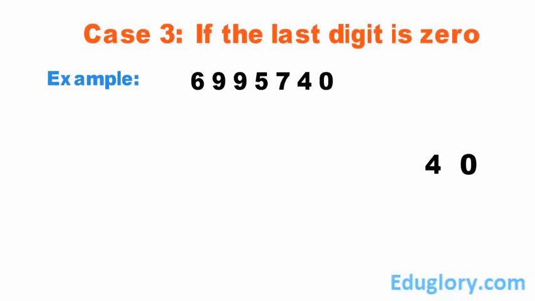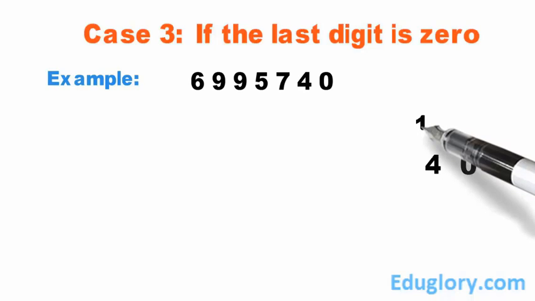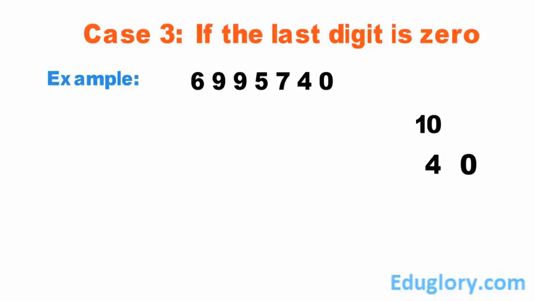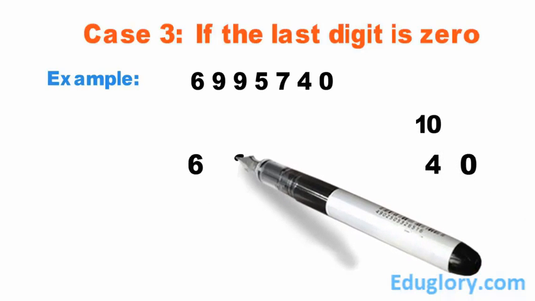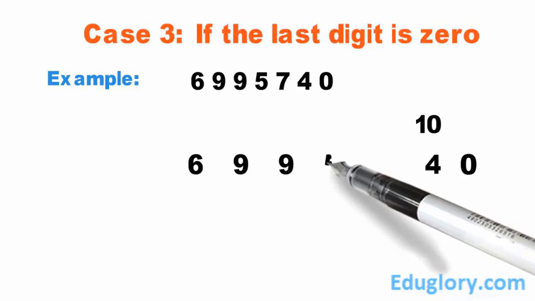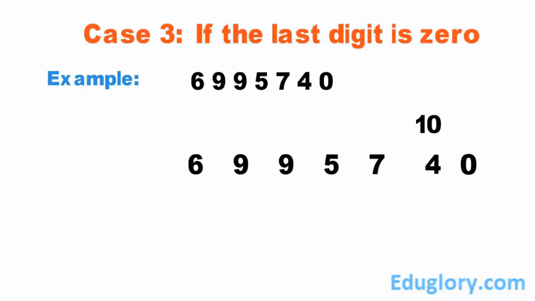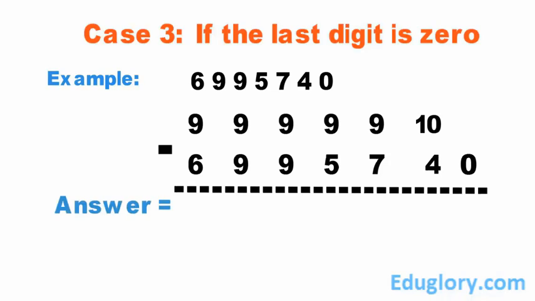Now, consider this 4 as the last digit and subtract it from 10 and the remaining digits 6, 9, 9, 5, 7 from 9. Thus, by performing subtraction, we get the answer.